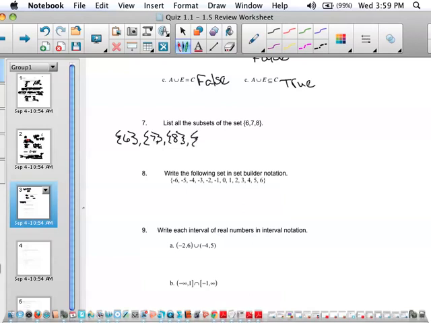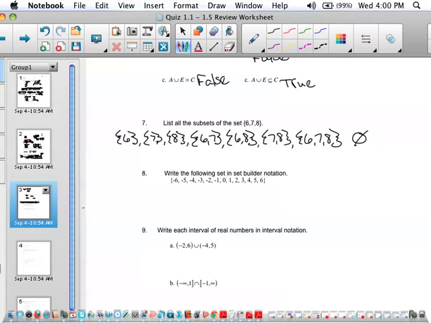And then any combination, so 6 and 7, 6 and 8, and then 7 and 8. The set itself is a subset, so 6, 7, and 8. And finally, the empty set, or the null set, is also a subset of that set, 6, 7, 8. It's a subset of every set.